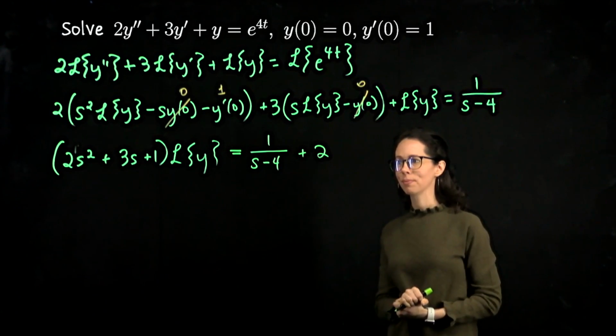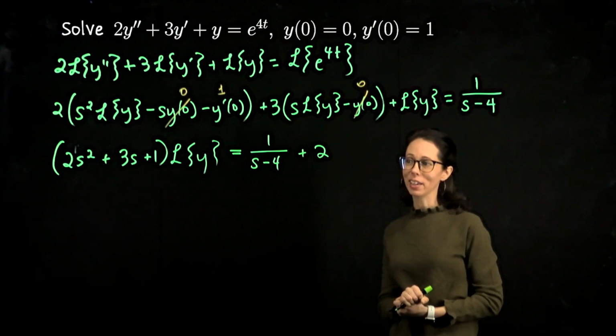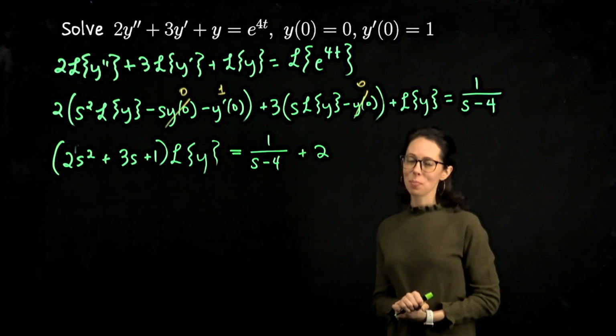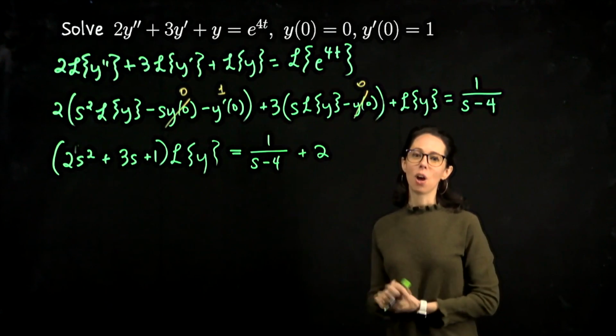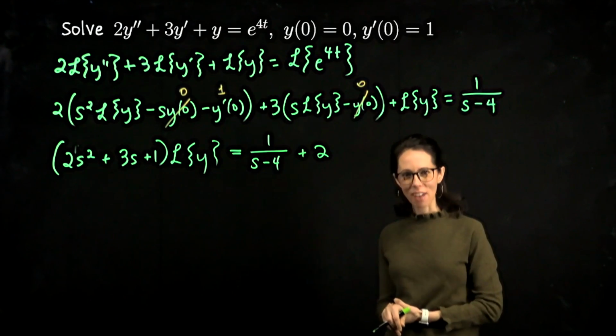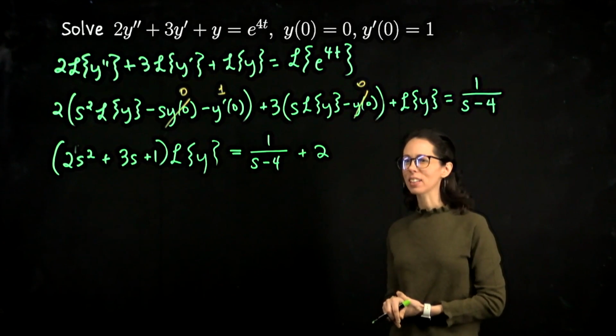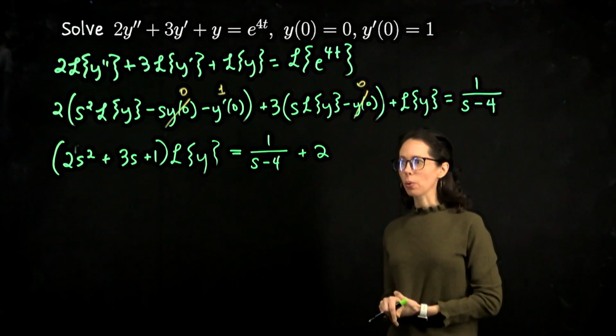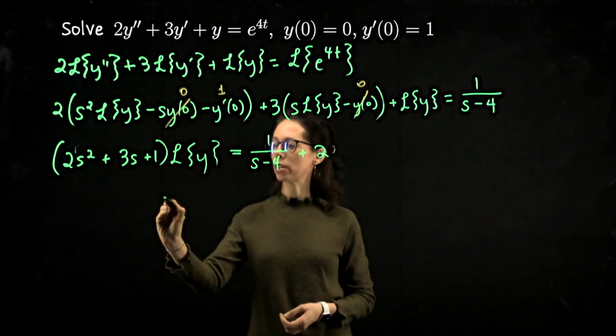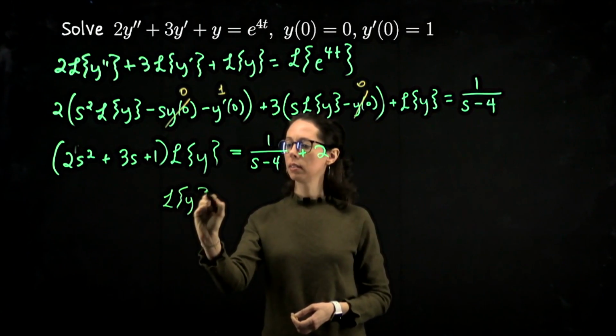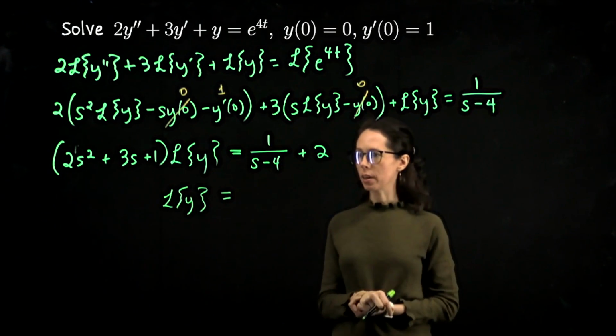Okay. Again, our goal is to solve for the Laplace transform of y. We're almost there. But then we want to back out of that what y would have to be in order to have that Laplace transform. And that's the part that's tricky. So let me go ahead and isolate the Laplace transform of y by dividing this over.